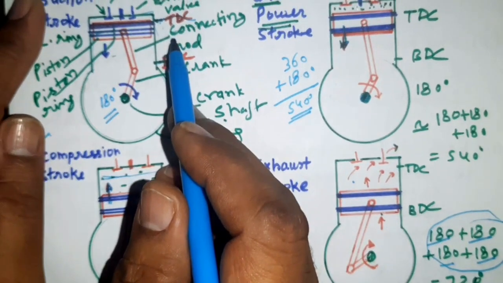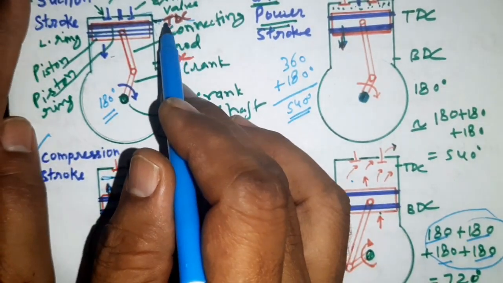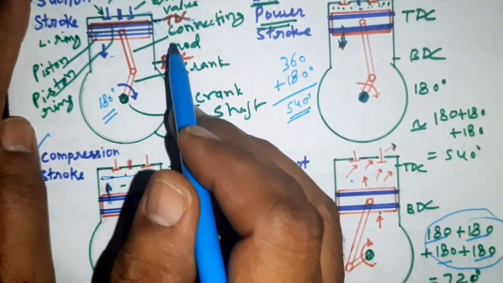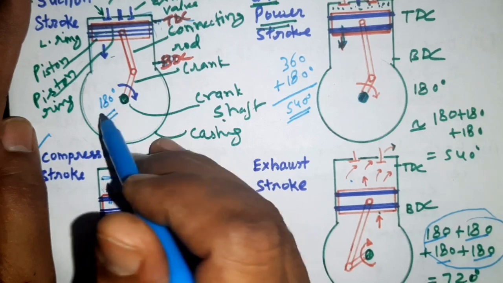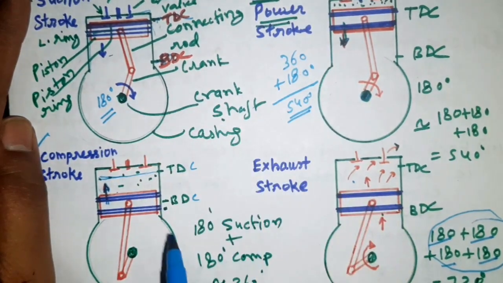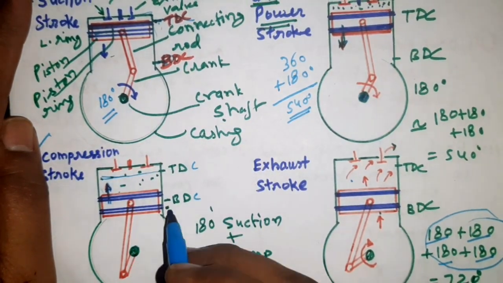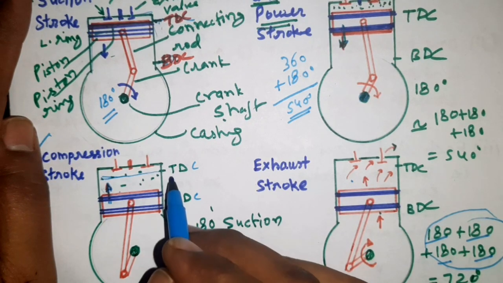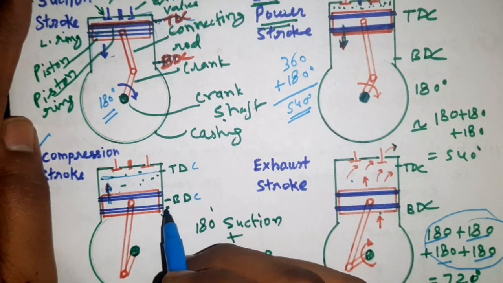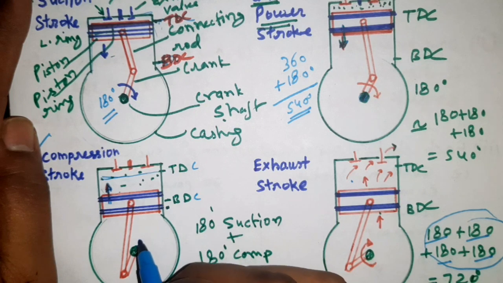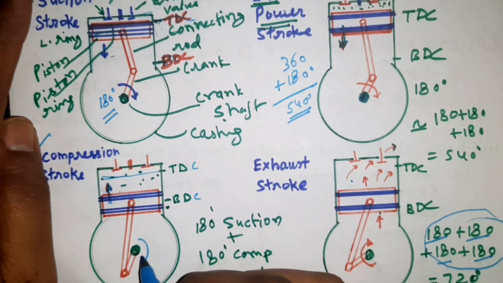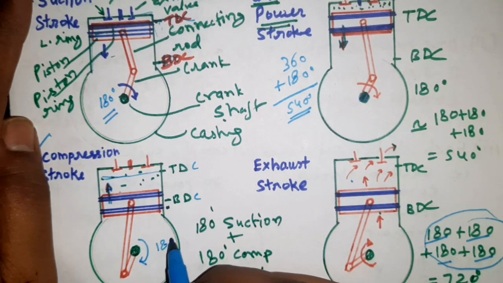This movement of the piston from TDC to BDC was equal to 180 degrees of crank angle. Similarly, moving BDC to TDC rotates the crankshaft 180 degrees again.